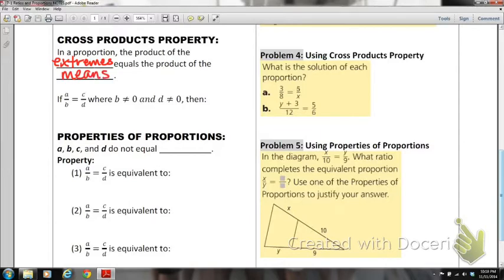So what that means is if A over B is equal to C over D, where B is not equal to 0 and D is not equal to 0, then I'm going to take the product of the extremes, A times D, and that is going to equal the product of the means, which is B times C.